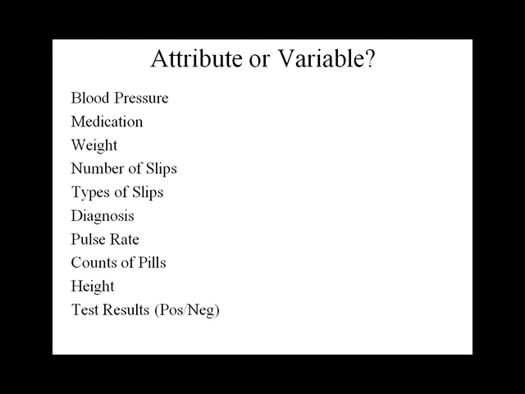Either a 1 or a 2 or a 3, so categorical data is attribute data. Height. Similar to weight, this is measured, so variables data. Test results. Positive, negative. These are attribute data if they are pass-fail or such. Test results that show blood count, cholesterol levels, etc. would be variables data.